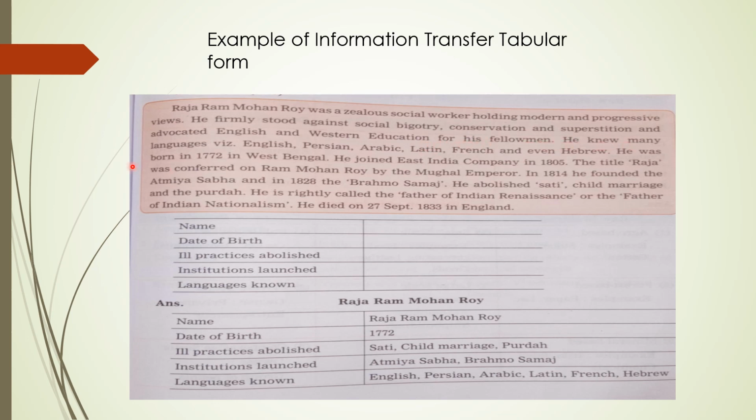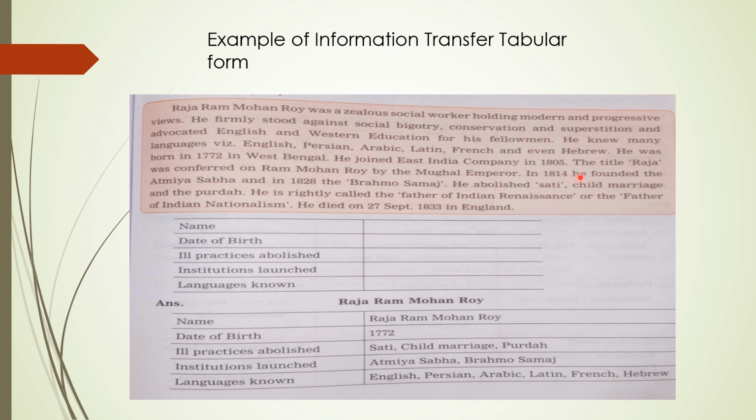He knew many languages like English, Persian, Arabic, Latin, French, and even Hebrew. He was born in 1772 in West Bengal. He joined East India Company in 1805. The title Raja was conferred on Ram Mohan Roy by the Mughal emperor.